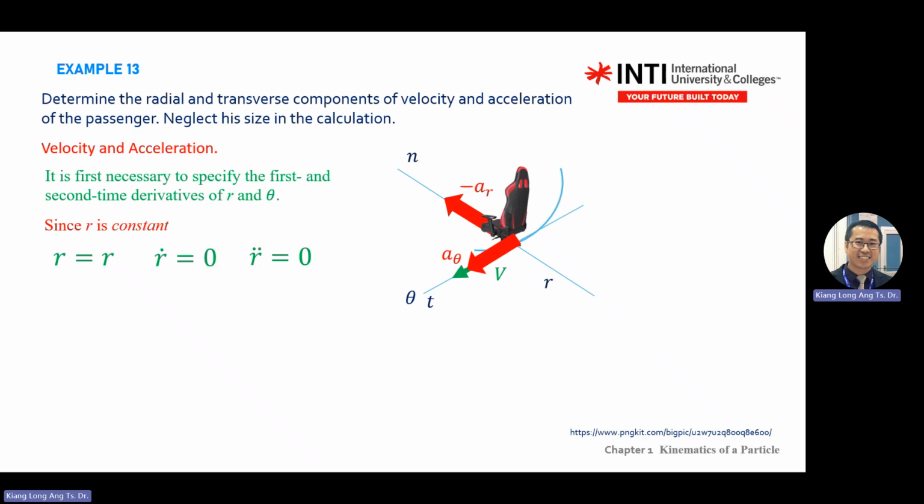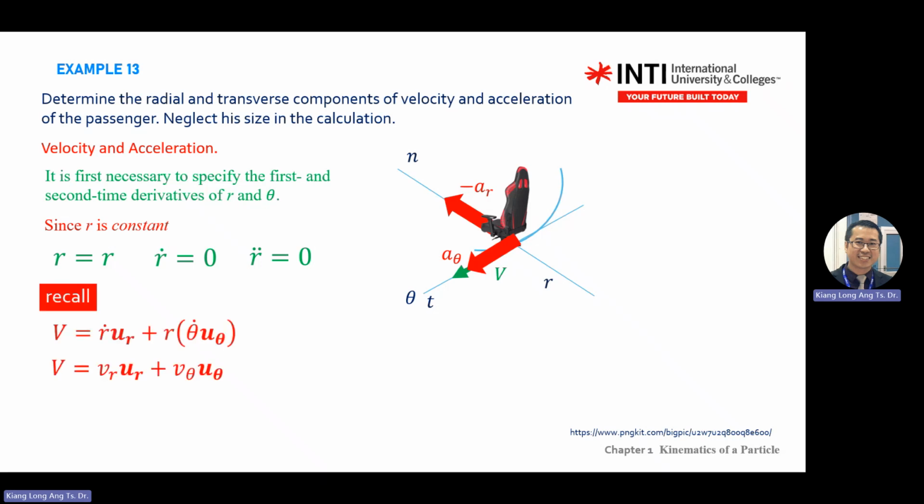Because where is your r axis positive direction? Here. So the direction is pointing this way because the chair does not swing away. It remains in its position in the circular motion. So a is pointing inside. Negative is because the r axis is positive going outside. It's a vector, right?